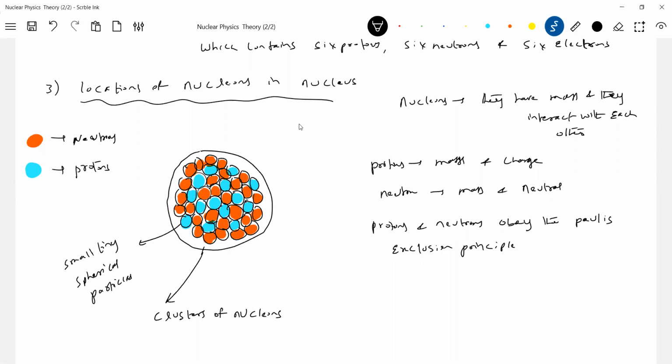If there's a quantum state like this, two protons are not permitted. Two neutrons are not possible. But one proton and one neutron is possible, it is permitted. So like this, they obey Pauli's exclusion principle.